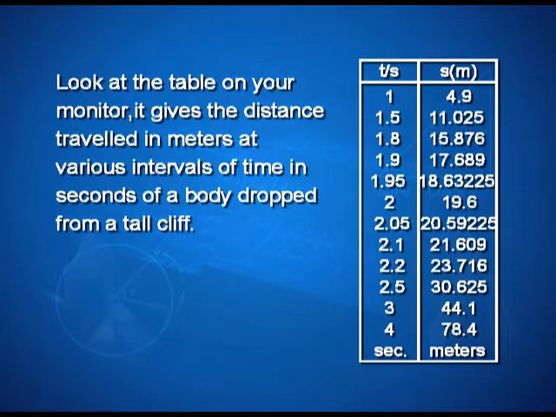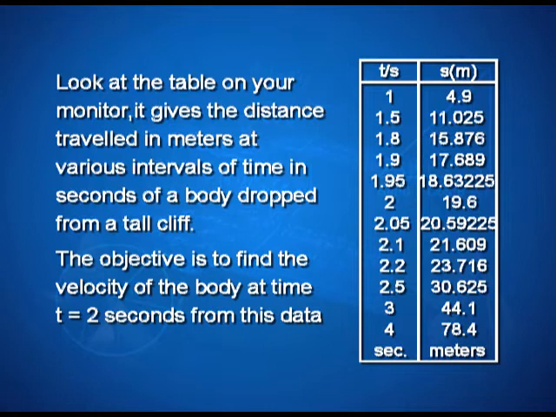It gives the distance travelled in meters at various intervals of time in seconds of a body dropped from a tall cliff. The objective is to find the velocity of the body at time t = 2 seconds from this data. At 1 second, 4.9 meters distance is covered.